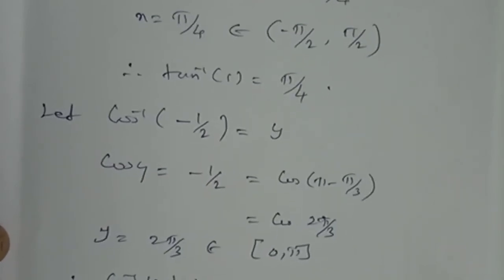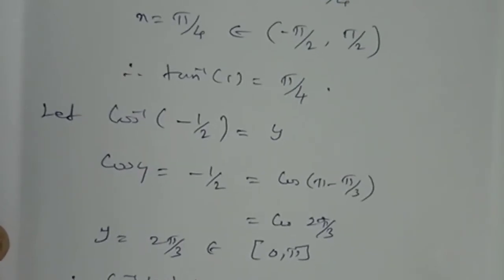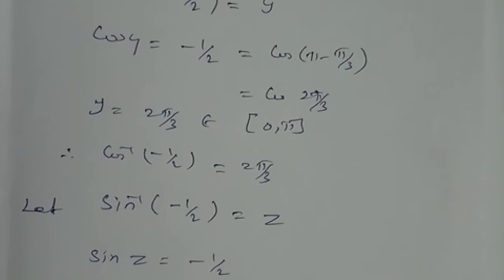So z is equal to minus pi by 6, which belongs to the closed interval [minus pi by 2, pi by 2]. Therefore sin inverse of minus 1 by 2 is equal to minus pi by 6.